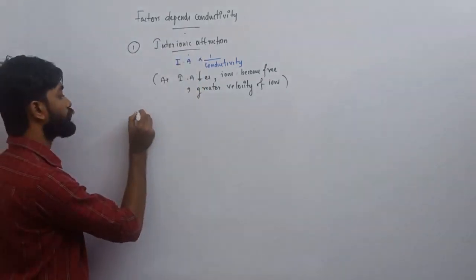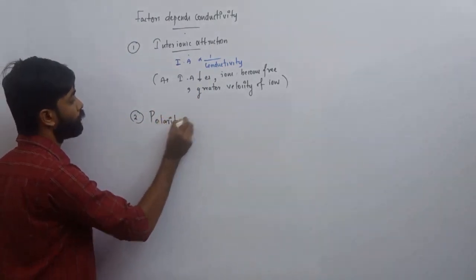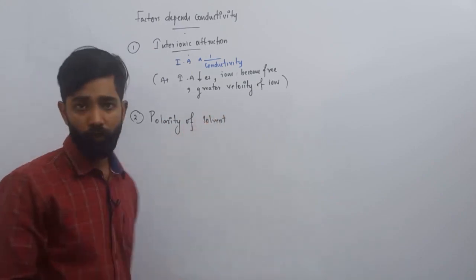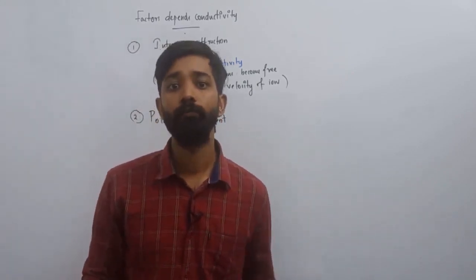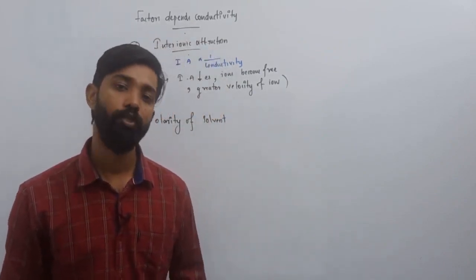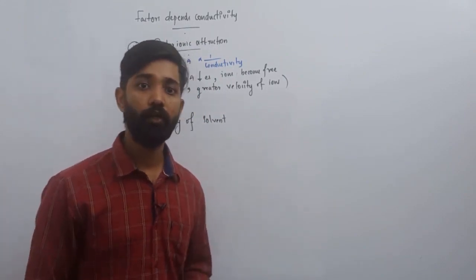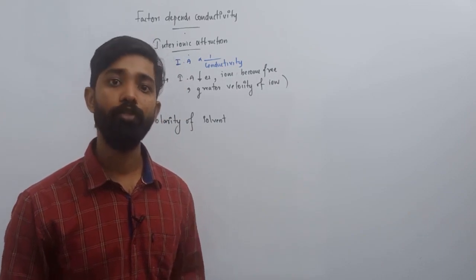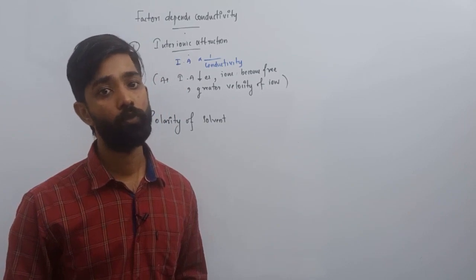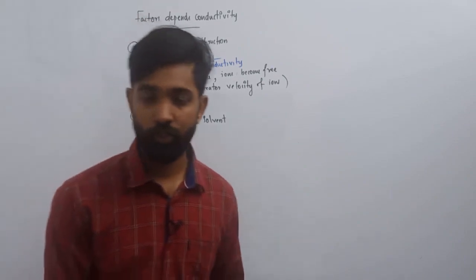Moving to the second one, polarity of solvent. We know that electrolytes are simply ionic compounds, and they are in a polar form, right? So if our solvent in which the electrolyte is immersed is a polar one, then the solvent may polarize the ions, so ions get more and more ionization.